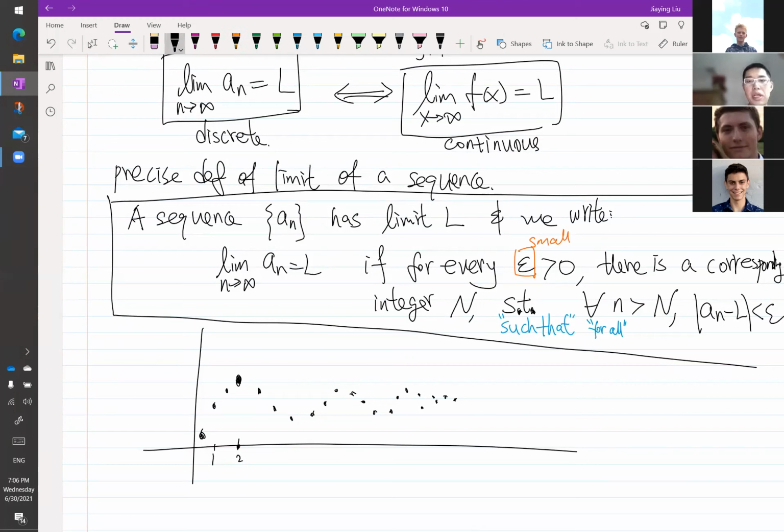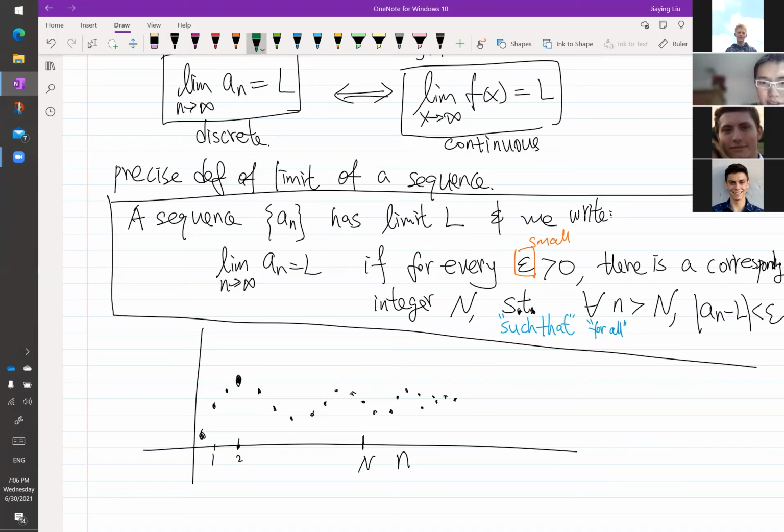So if you pick an epsilon, there's some integer N such that for all lowercase n greater than that integer, so n is here or beyond, any n greater than capital N, the absolute value of a_n minus L is less than epsilon.